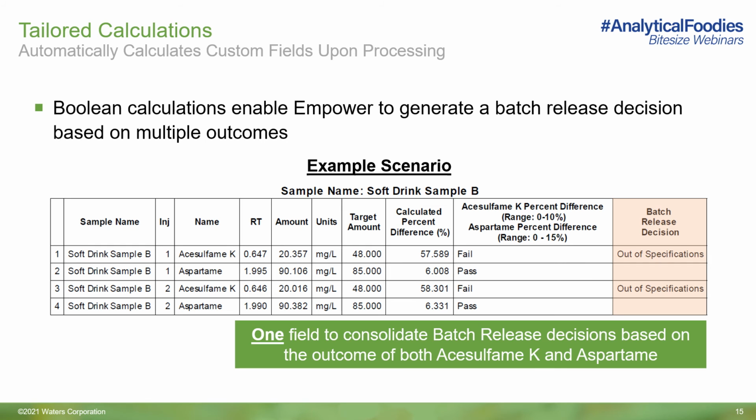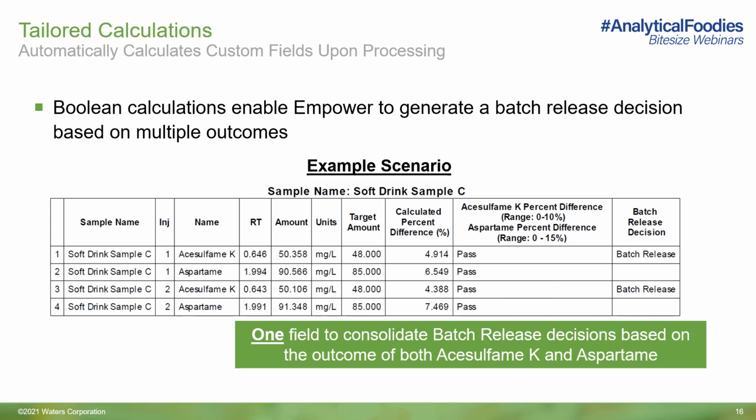Hence, sample B is indicated as out of specifications. In sample C, both acesulfame K and aspartame pass their respective thresholds, and hence this batch can be released.